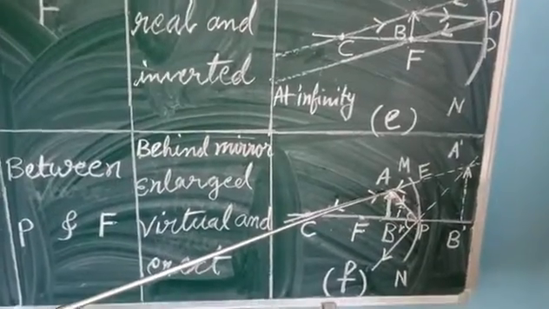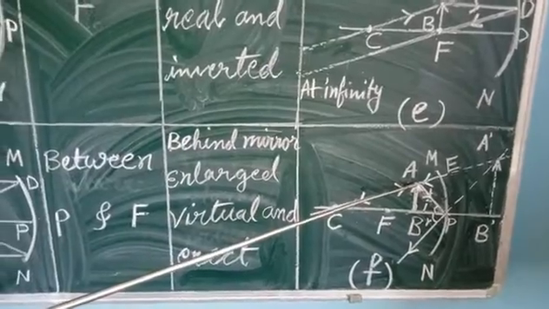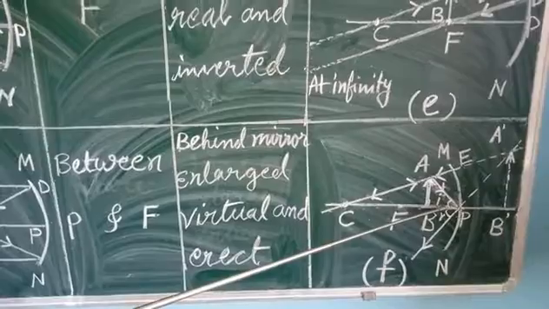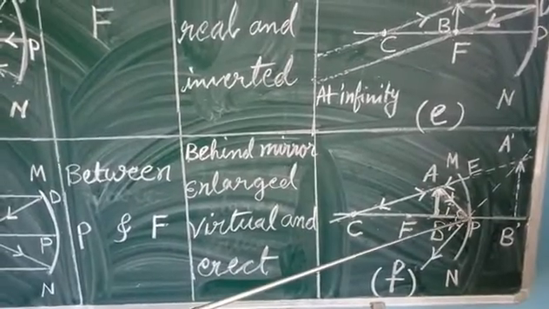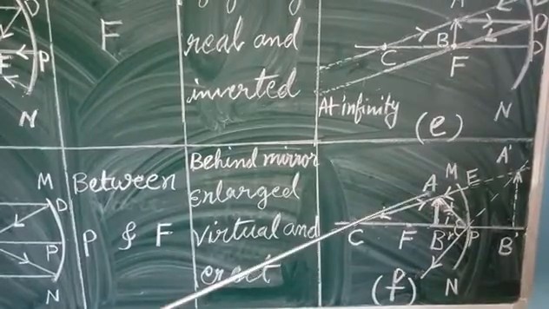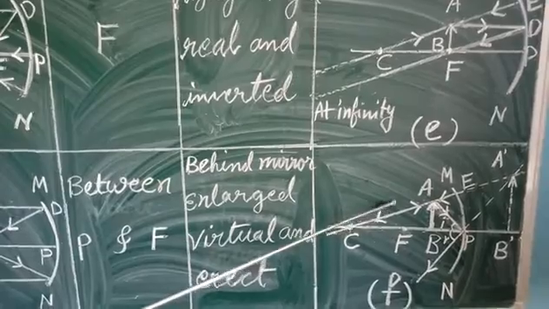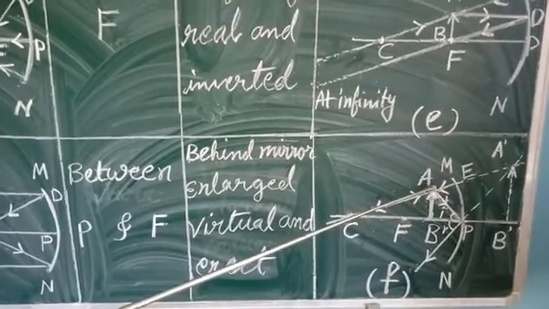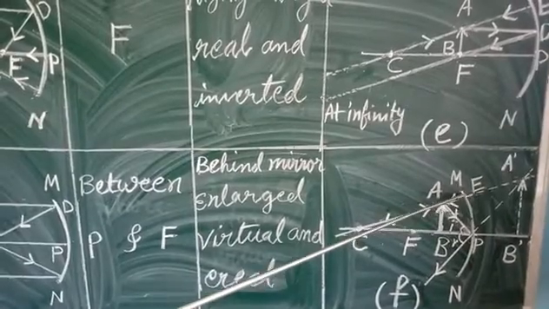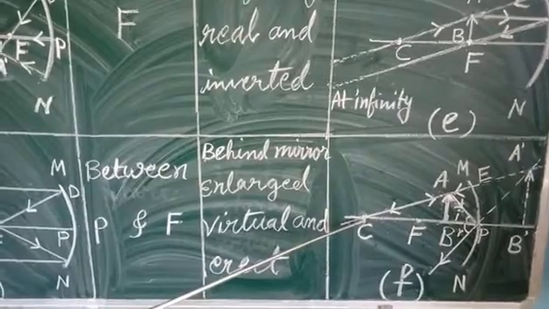A ray of light passes through the top point of the object parallel to the principal axis towards the point P and is reflected. And the other ray which passes through the center of curvature touching the top point of the object is reflected back along the same path.